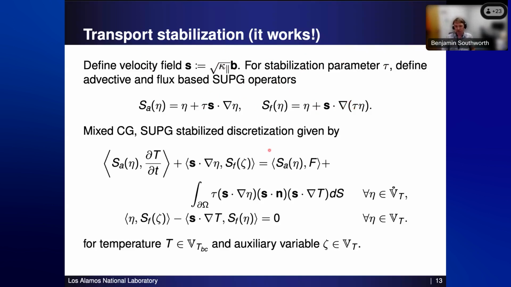And so then the mixed CG stabilized discretization in weak form is given right here. And a lot of it looks like what you might expect. It's just like the previous weak form, but we've introduced our stabilized operators. And then we now have this boundary integral as well. But everything else is as you would expect.